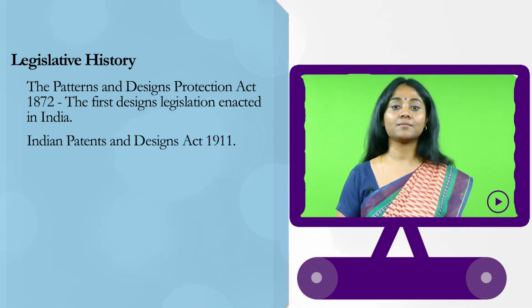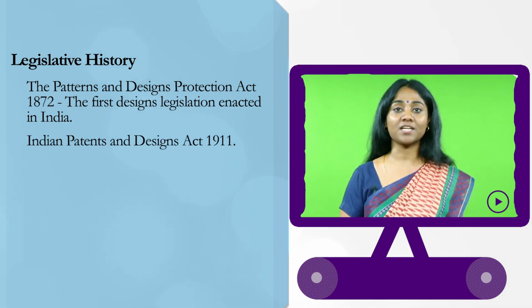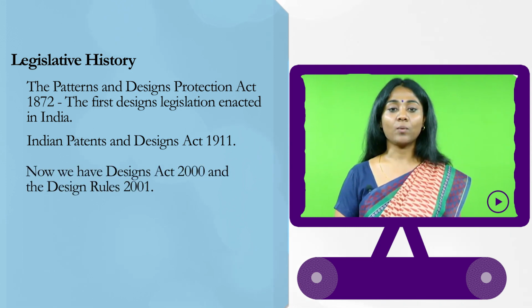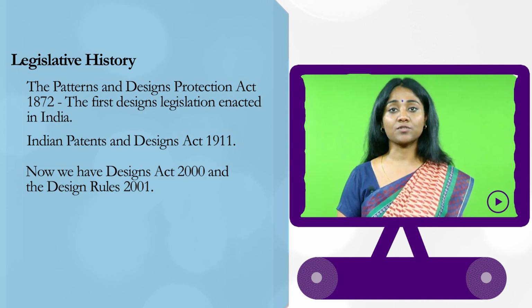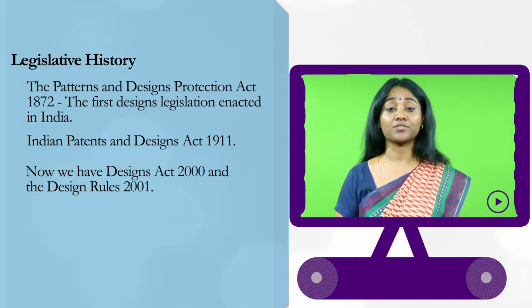Thereon, we had the Indian Patents and Designs Act of 1911, and finally we have the new designs law, which is known as the Designs Act of 2000, as well as the Design Rules of 2001. The design wing of the Patent Office, Kolkata, is entrusted to administer the provisions under the Designs Act of 2000. So that is how design law is regulated in India.